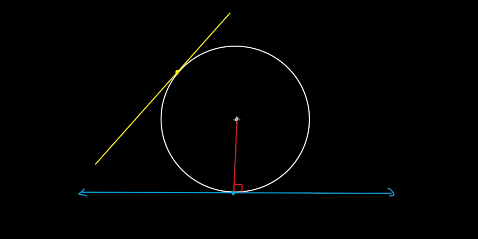If I take a radius to the point of tangency, what kind of angle did I just form? A 90-degree angle. You see that? So it doesn't matter which direction your tangent is going. It doesn't have to be just across the bottom, or horizontal. It could be going all kinds of directions. So if I have a tangent going like this, it's always perpendicular to the radius drawn to that point of tangency.